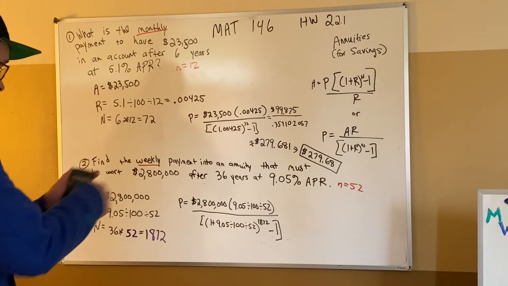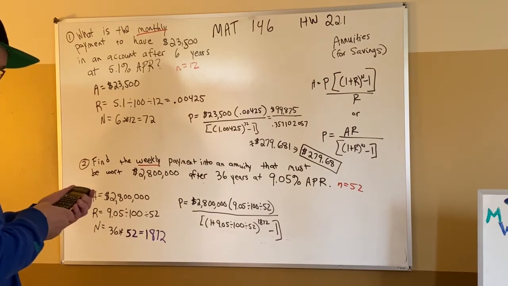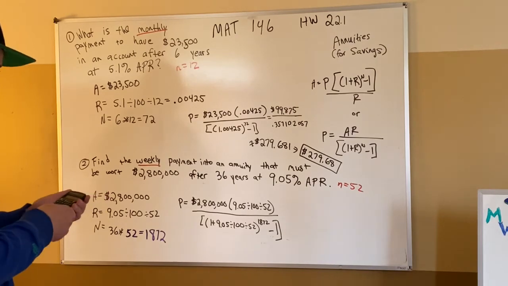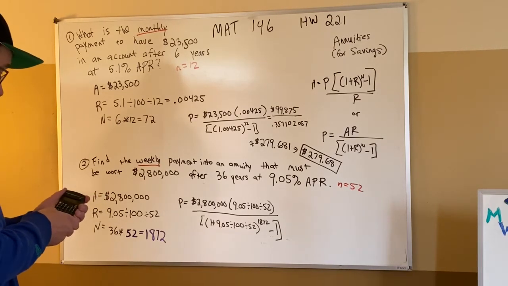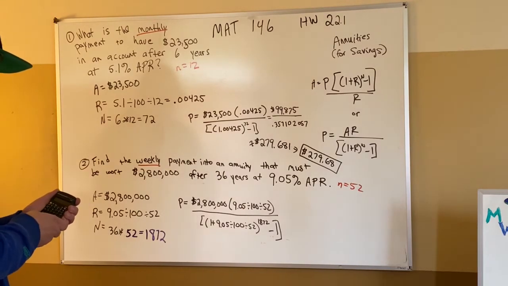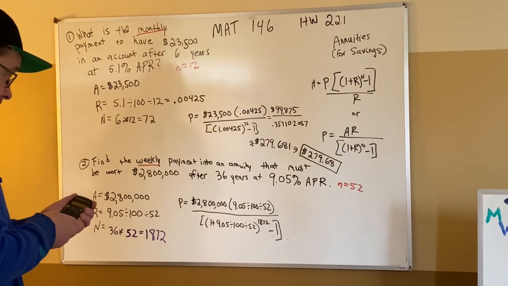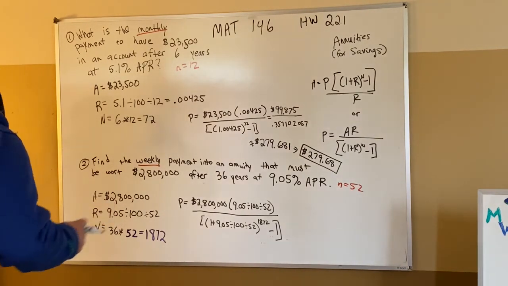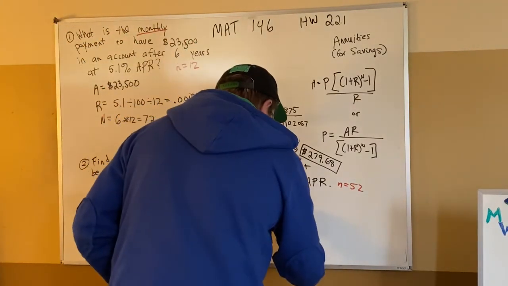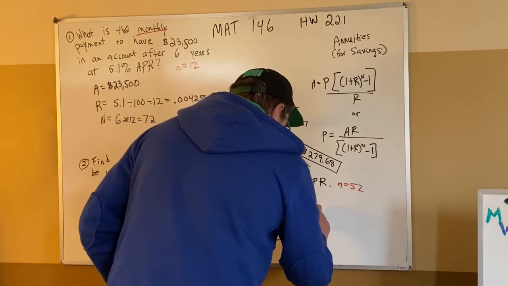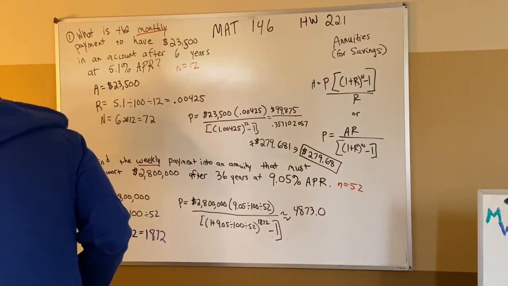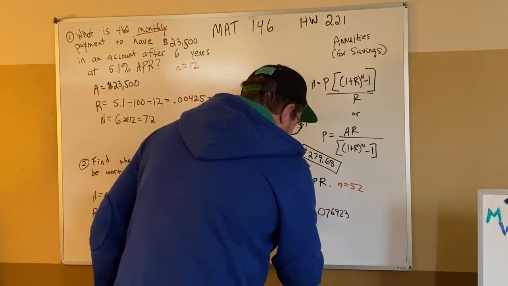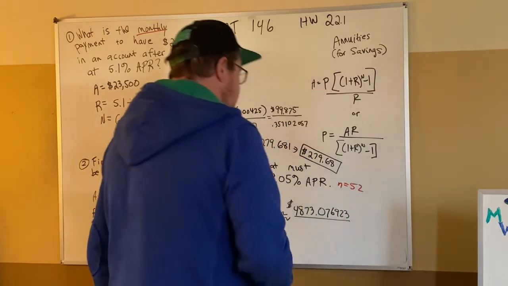So let's figure out what the numerator is going to make. 28, and then 2 zeros for 2,800 and 3 more for 2.8 million, times 9.05 divide by 100 divide by 52 equals 4873.0 and it's got 76923, and that's as far as I can take it.